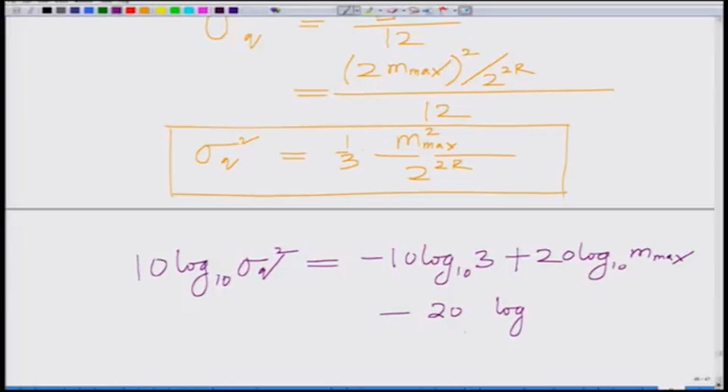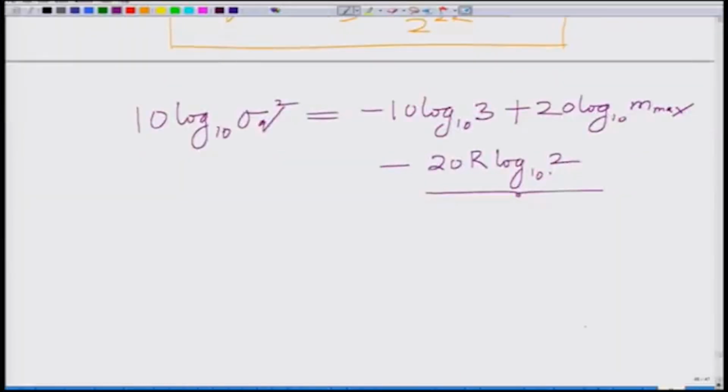So, sigma square minus 20 r log 10 to the base 2. Now, log 10 to the base 2, we know this is equal to 3.